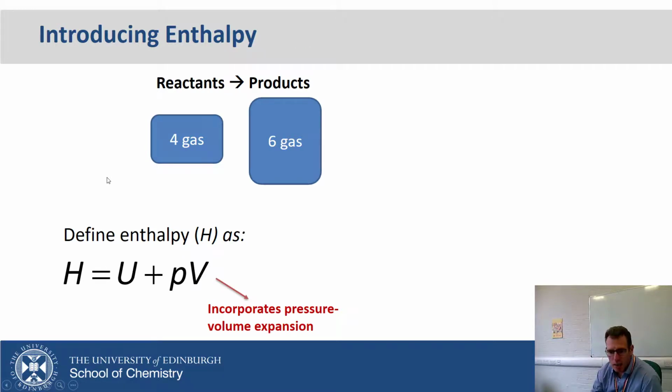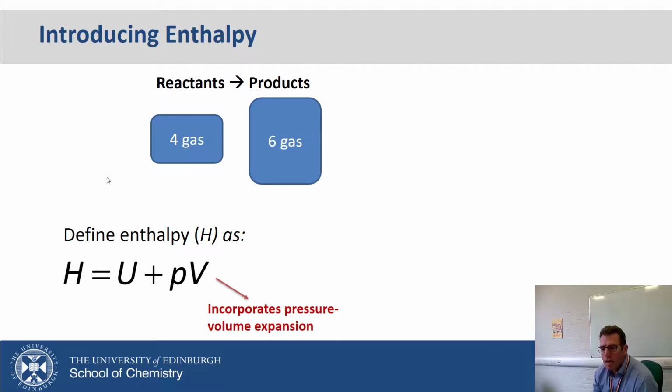But this is a bit of a pain. Alright, we don't want to be constantly going around and looking at the amount of heat lost or gained by the system and the amount of work lost or gained by the system, because it just takes far too long. So chemists, because we often deal with chemical reactions where there is work of expansion as well as heat of reaction, we tend to use, instead of heat or work or internal energy, the idea of enthalpy.